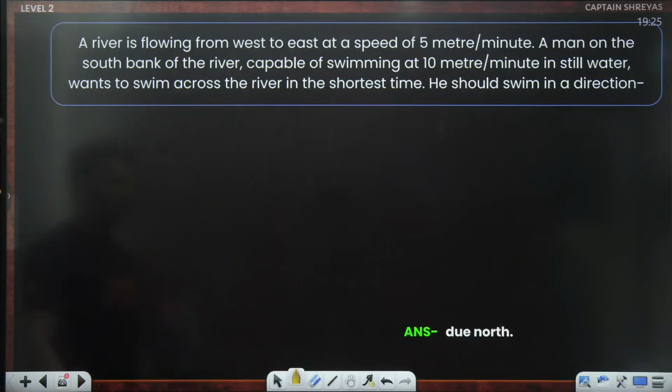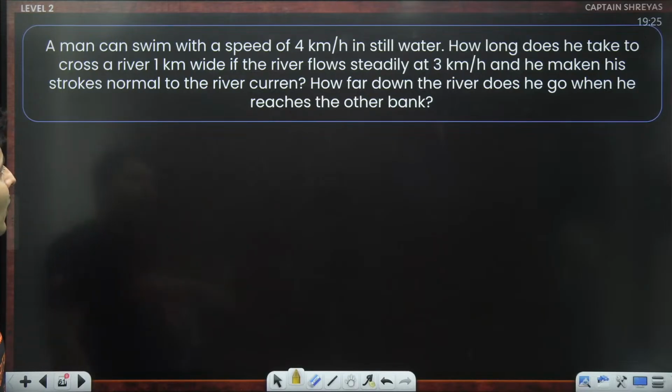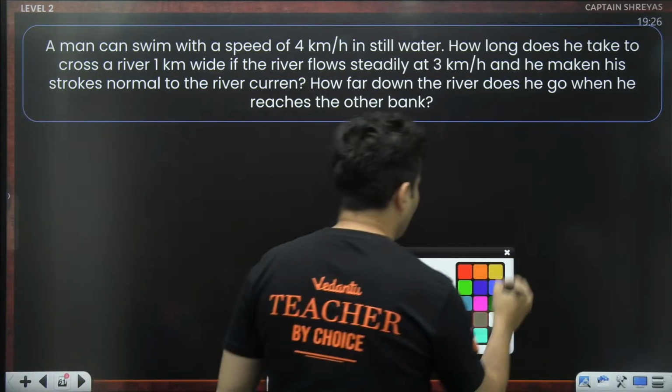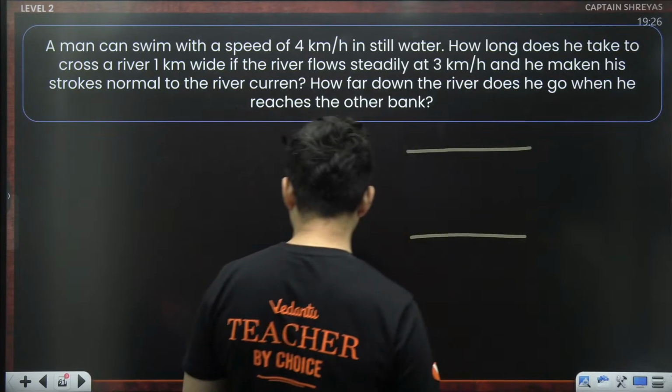Let's do this. What does it say? Man can swim with a speed of 4. How long does it take to cross a river this much wide, flowing steadily at 3, and he makes his strokes normal to the river? How far down does he go when he reaches the other bank? Okay. Again, he's basically crossing it in the shortest time because he's going perpendicular to the flow.